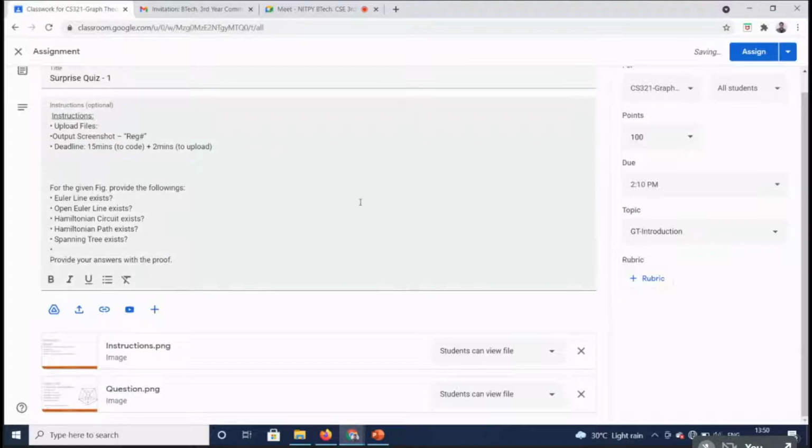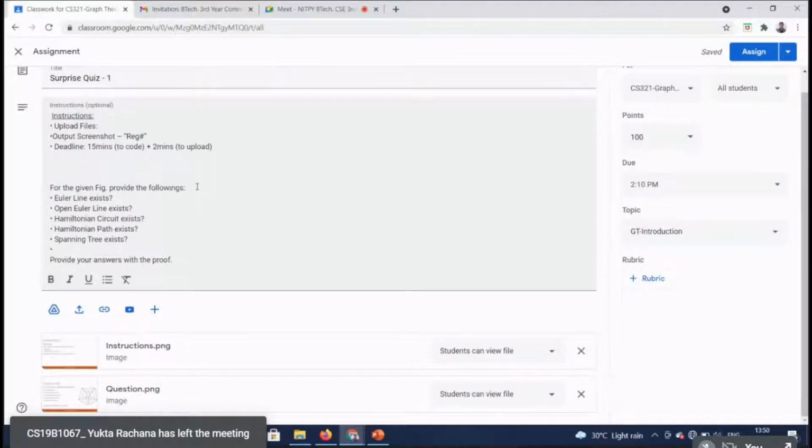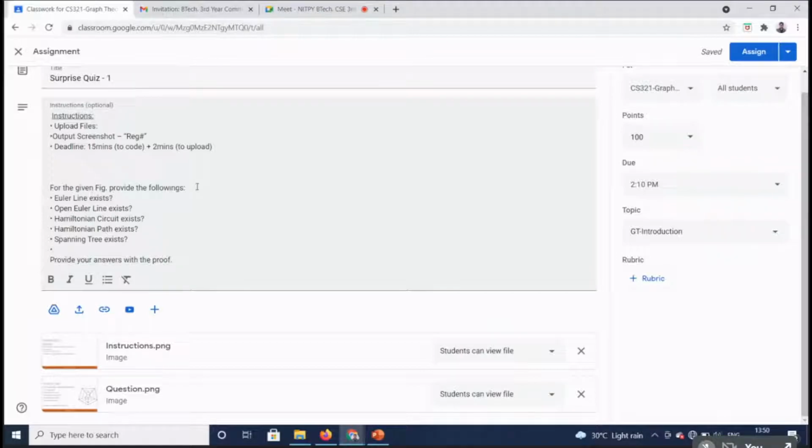It's a quick one. I will give you a graph. You need to find out if there is a Euler line present or not. If it is there, then what is that Euler line? And next is whether an open Euler line exists or not. If it is not, then no need to give any proof for that. If it is there, then you have to show that without any repetition. If you say yes and give the wrong answer, that doesn't carry any mark. So be very cautious in giving your answers.